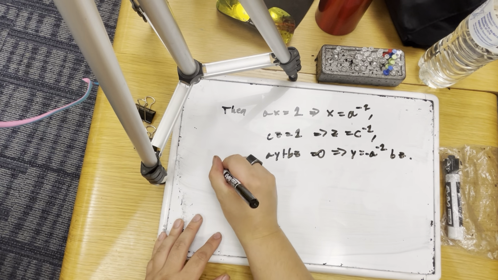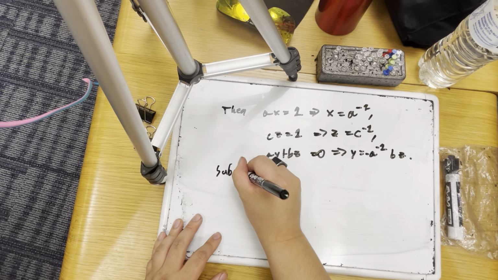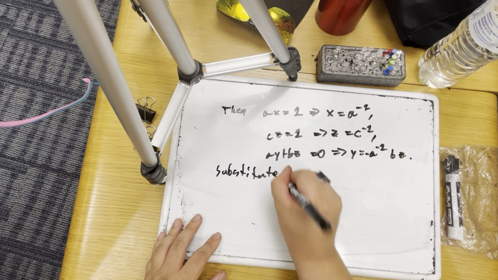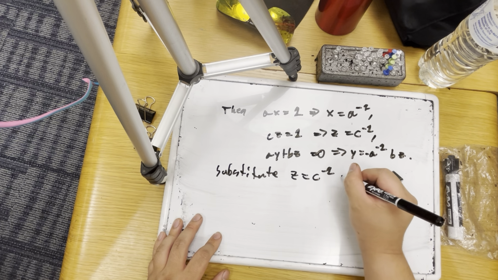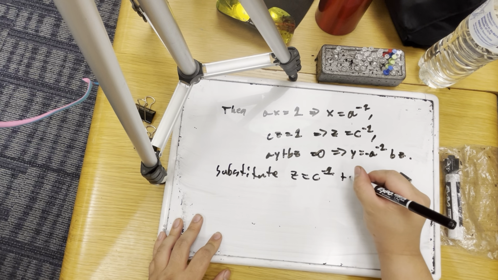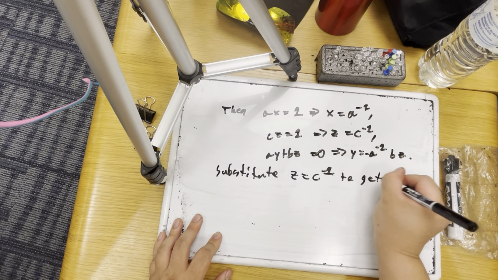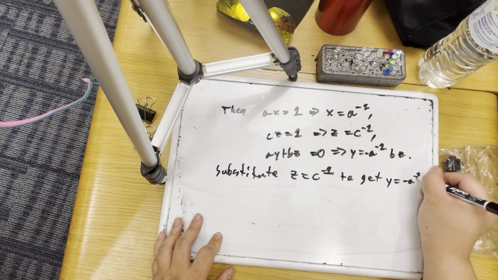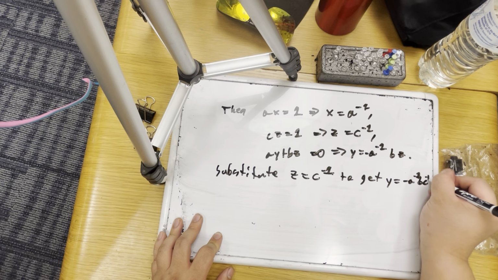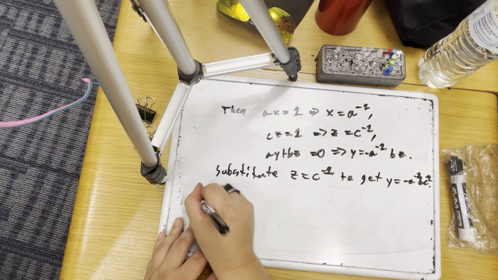Let's substitute. Substitute z is equal to C to the negative 1 to get y is equal to negative A to the negative 1 times B times C to the negative 1. And what do we get?